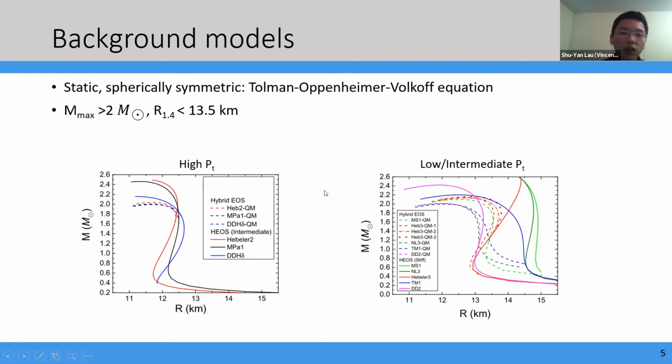Among all these models, we require that the maximum mass supported by the hybrid star equation of state exceeds the current observational bound, roughly larger than 2 solar masses, and that the radius of a 1.4 solar mass hybrid star is smaller than 13.5 kilometers.